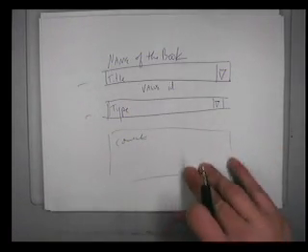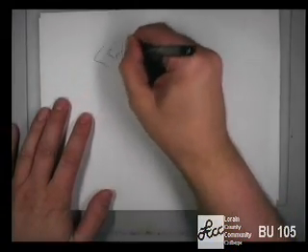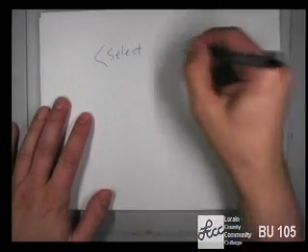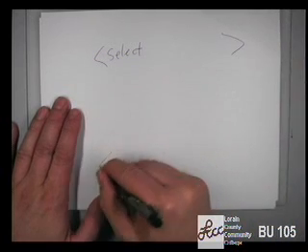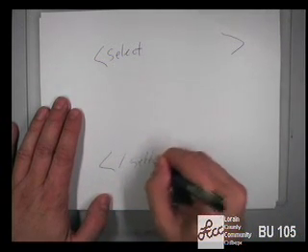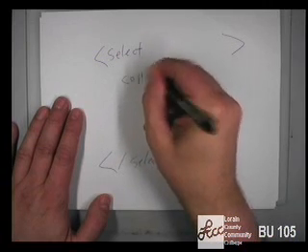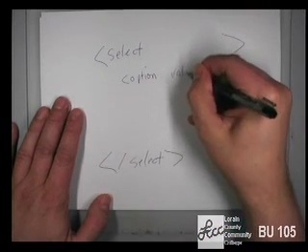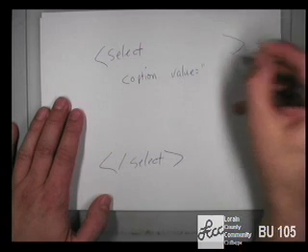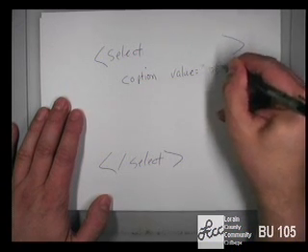So, if I could create the HTML for what this drop-down would look like, it's going to have a series of option tags, where the value is going to be the value for the primary key for that table.